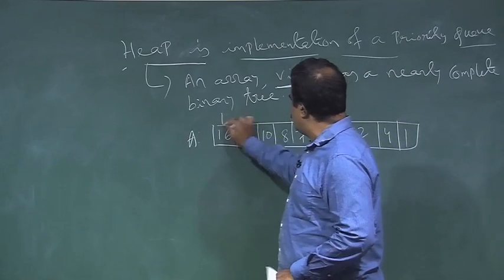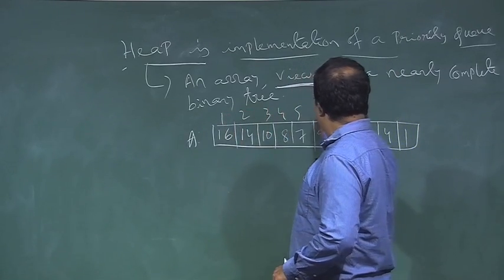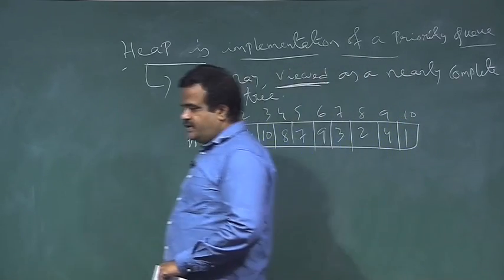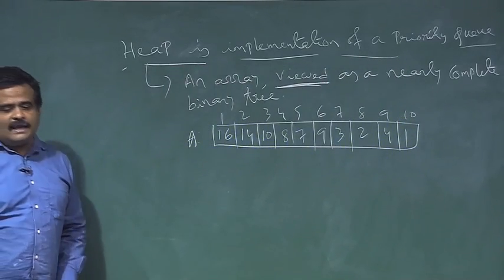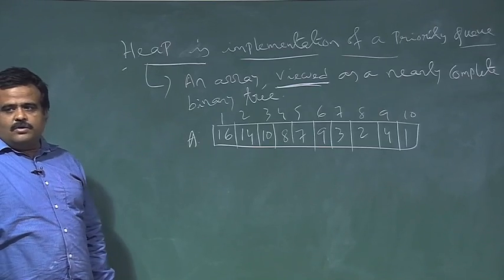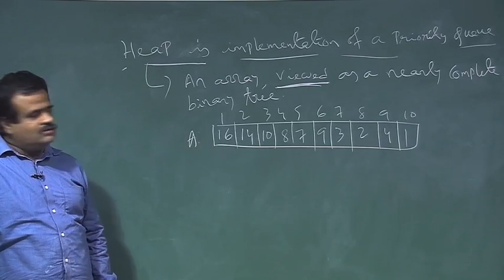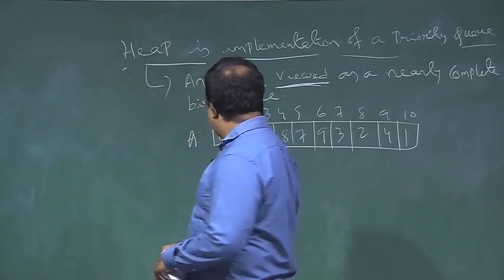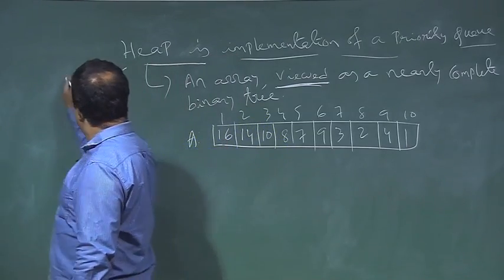How many elements? 1, 2, 3, 4, 5, 6, 7, 8, 9, 10. So, we have an array of 10 elements. Now, we want to visualize this array as a tree. How can we do that? One way to do this is we start with this as a root.